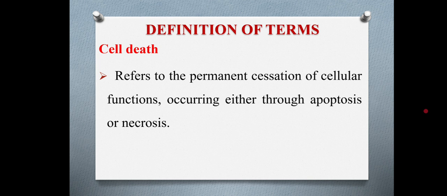But when we say cell death, we're talking about permanent cessation of all cellular functions occurring either through apoptosis or necrosis. The same way we say death is the cessation of all physiological functions, you apply the same concept to the cell. When you say cell death, you simply mean permanent cessation of all cellular functions of physiology occurring through apoptosis and necrosis.